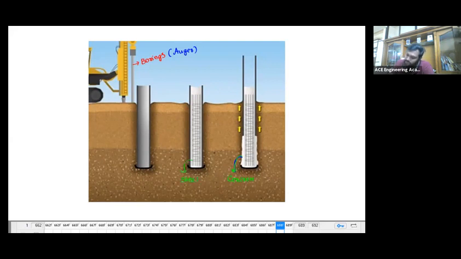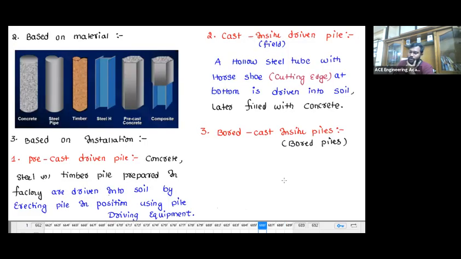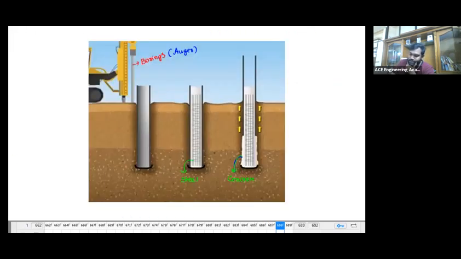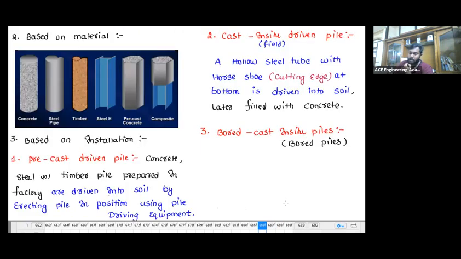So what we are doing in the case of bored piles is we dig the borehole by using borings. Yes, we have to provide the reinforcement. So we dig the borehole in the soil, and then later fill it with steel and concrete.